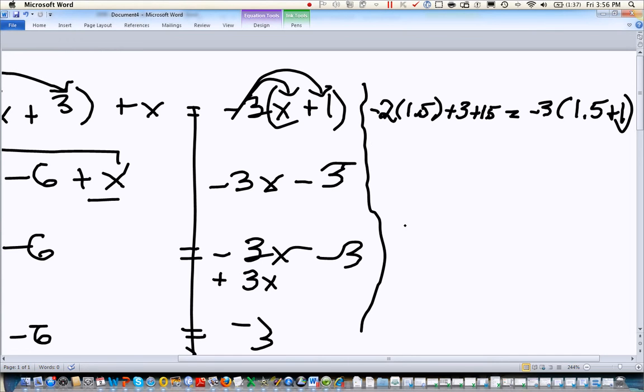Now, when you do this, I closed my parentheses in the wrong spot. Sorry about that. When you do this, you do want to deal with the parentheses first. So I'm going to do what's in the parentheses first: this is negative 2 times 4.5 plus 1.5. 1.5 plus 1 is 2.5.